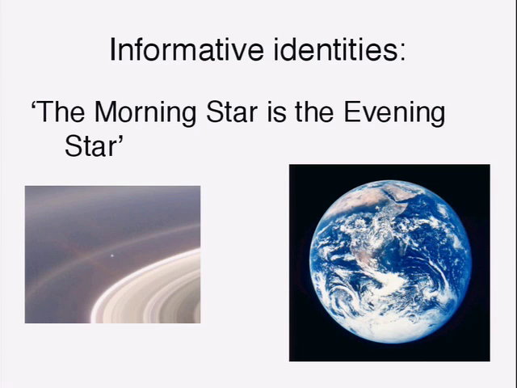So the idea here is you've got a take on the object. You've got one way of being presented with that object here, and you've got a different way of being presented with that object here. And if the object's shown to you in different ways, then it's going to be informative.